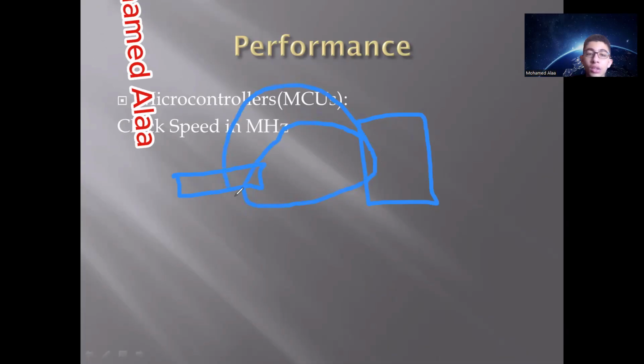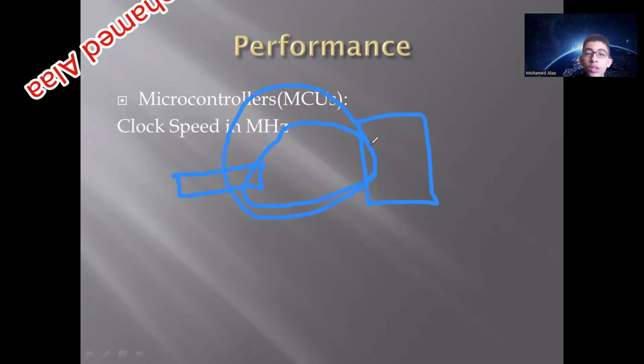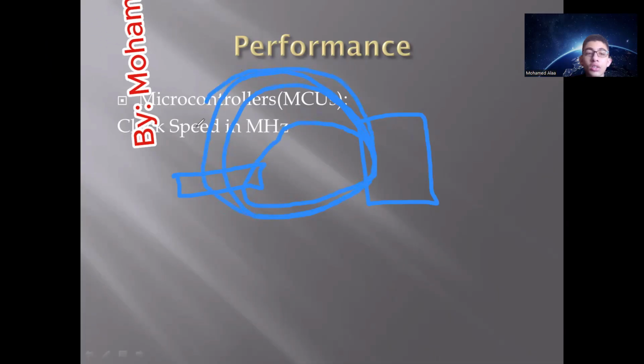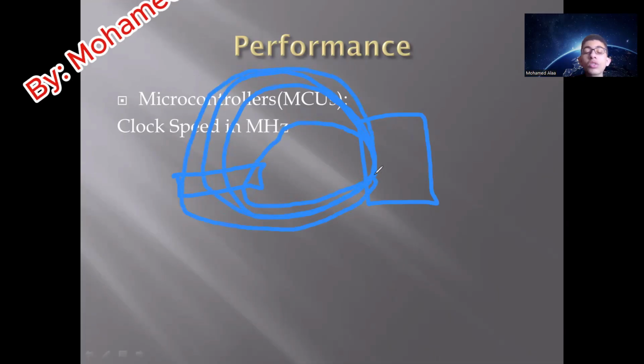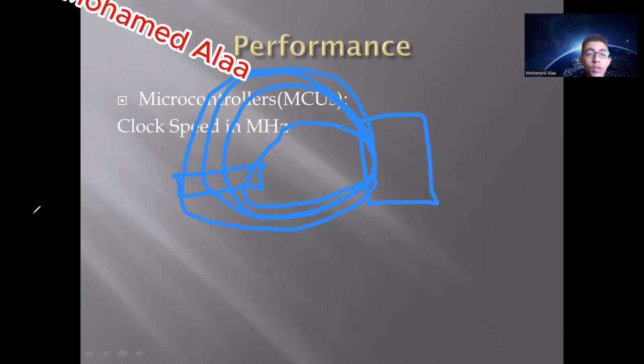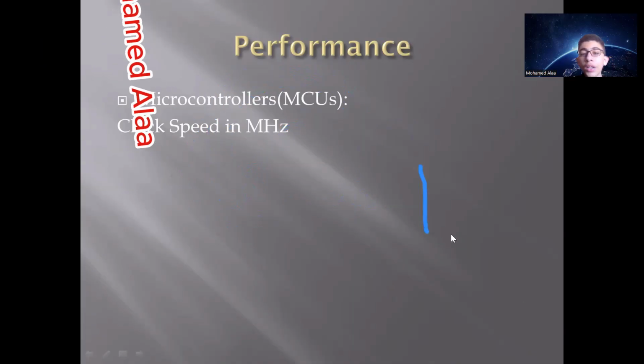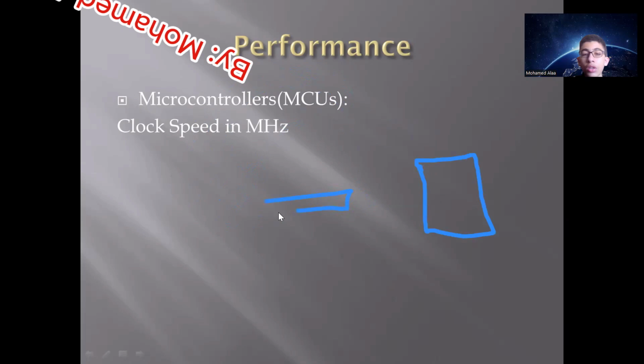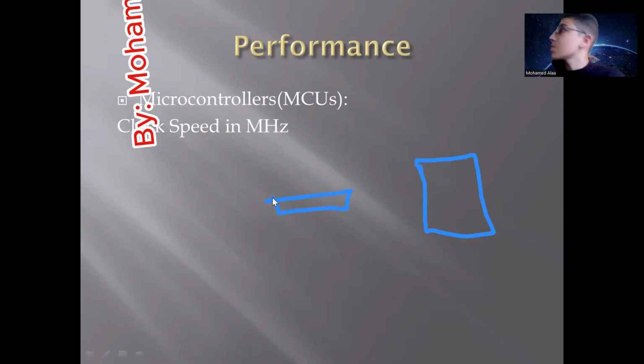Then it checked again and cut off this part. It checked again, cut off this part. It checked again and got this part. Basically it does it until it gets all of the data. But there are some types of chips that could do it faster, which, by the way, are microprocessors.